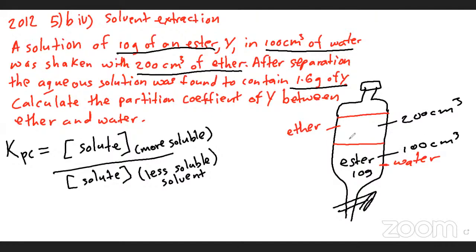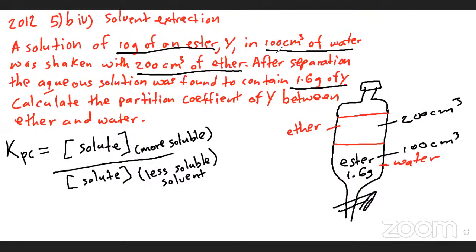But afterwards, you found out that you don't have the 10 gram anymore. You only have 1.6 gram. So can anybody tell me where the other 8.4 gram would have went?